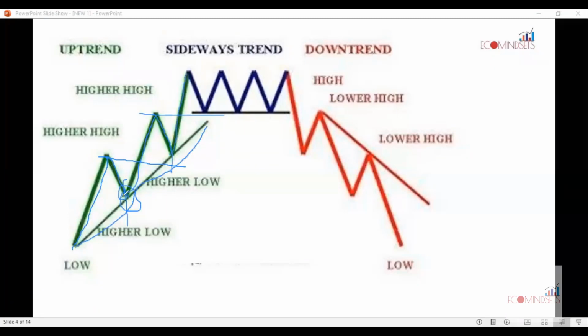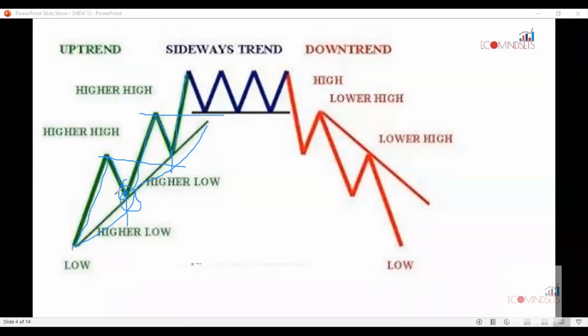So when a particular trend line is respected in this manner, and anytime price gets there it is rejected, then we say that price movement is in an ascending form, which is an uptrend. That means the trend is in an upward movement. Price moves up and forms what we call higher highs.